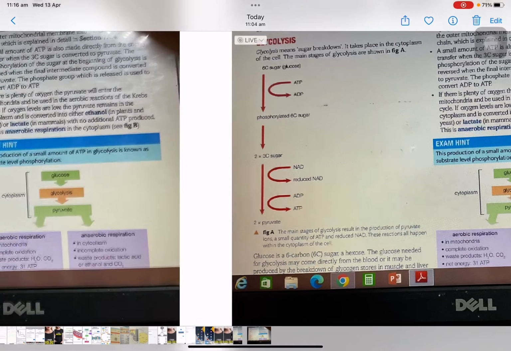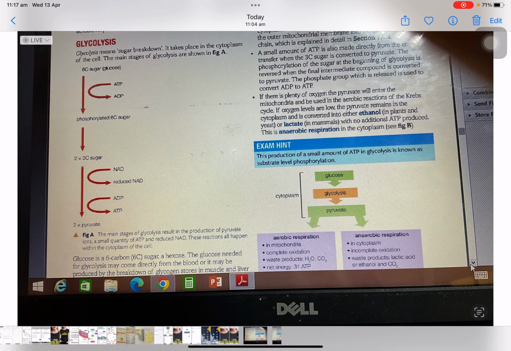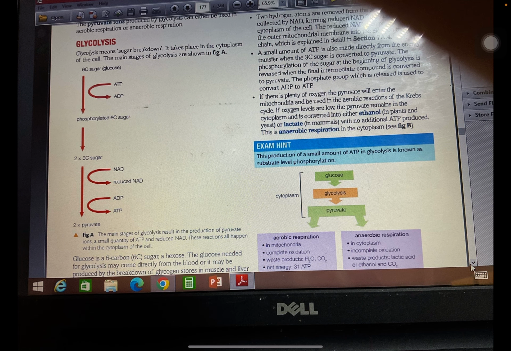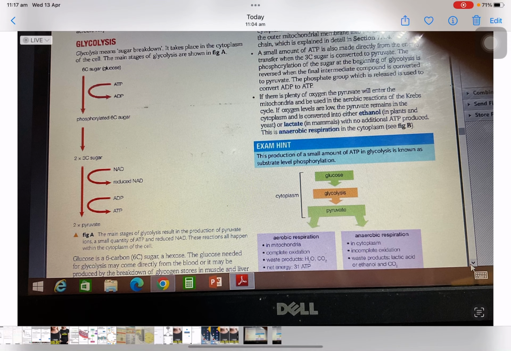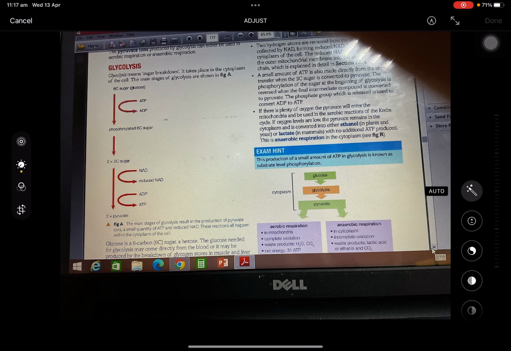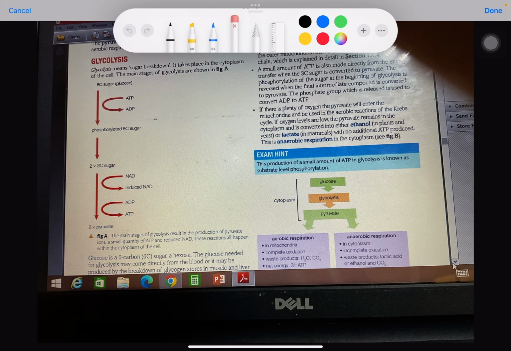Let me show you one more thing. This is the image I have taken from the Edexcel book. If you see, in this Edexcel book image, they have shown only the ATP investment. Here is the investment. And they have shown that two trioses are formed, which means the splitting phase.